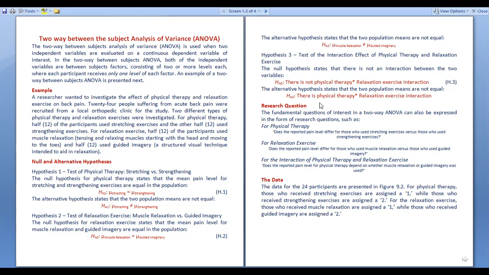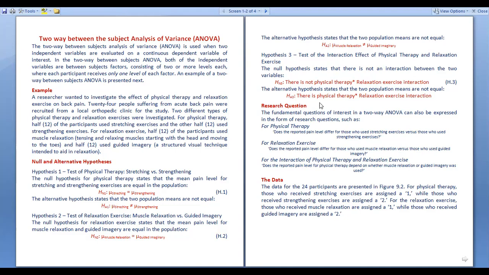Similarly, for relaxation exercises, again, we are asking, does the reported pain level differ for those who used muscle relaxation versus those who used guided imaginary? So again, we are just trying to question whether significant differences are there or not for both independent variable 1 and independent variable 2.